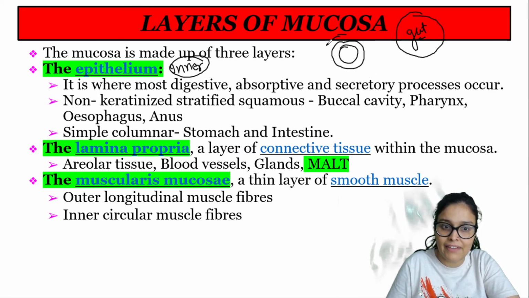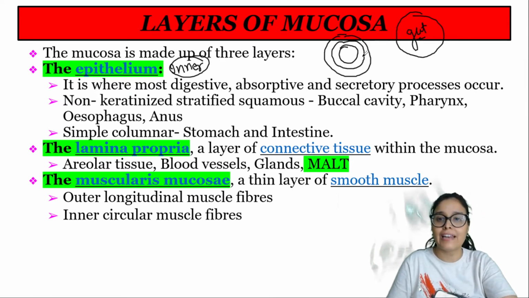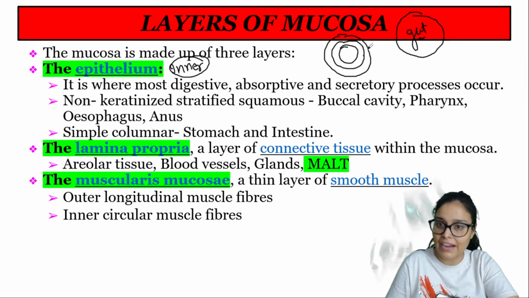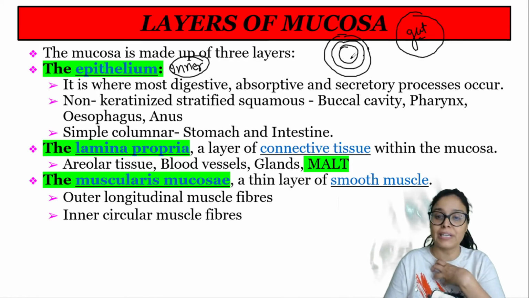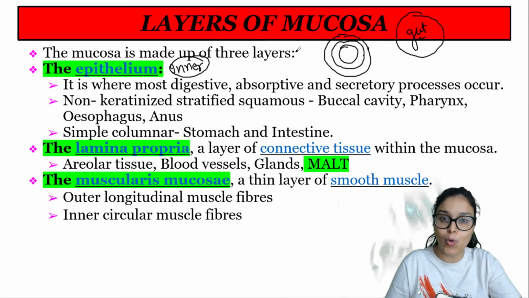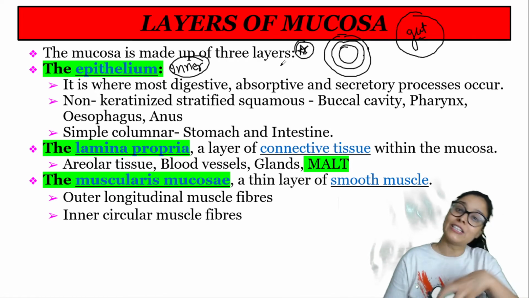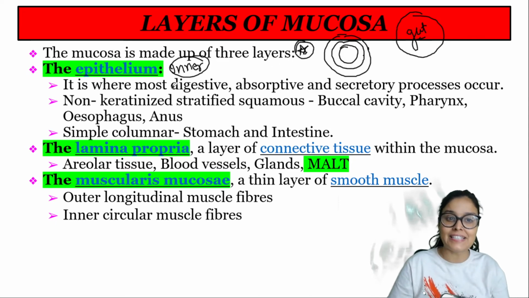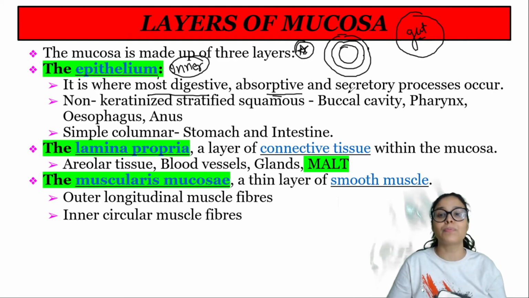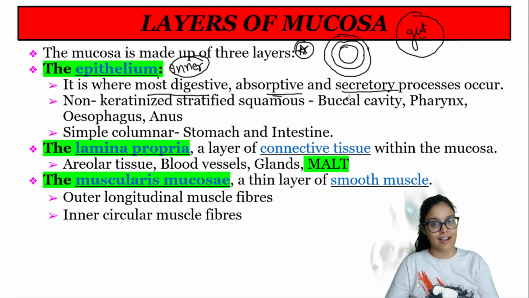So it has its own muscle as well. So the mucosa layer further has its own 3 layers. The first is the epithelium. It is where most digestive, absorptive and secretory processes occur. So this is the innermost part, right?